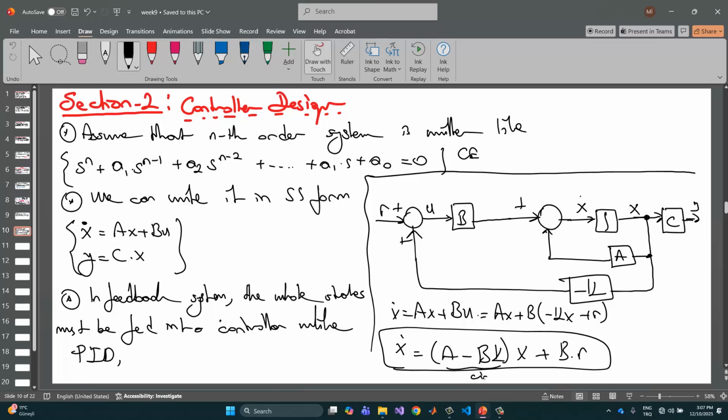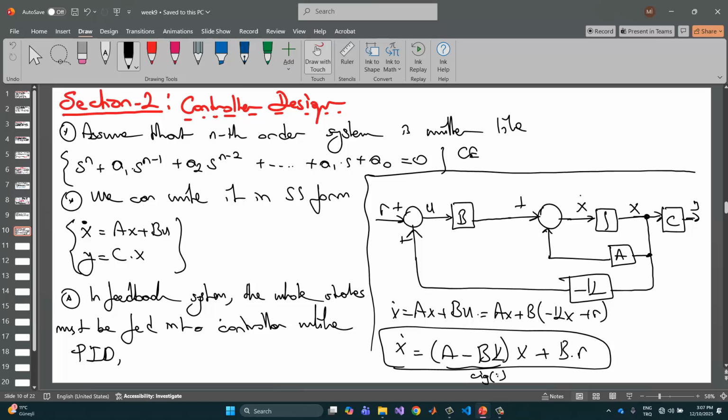And so we need to check the eigenvalues of these terms in here. If the eigenvalues are smaller than 0, then we can design our system based on this information, right? Because all the states drive to 0, except for the reference signal one. Okay?